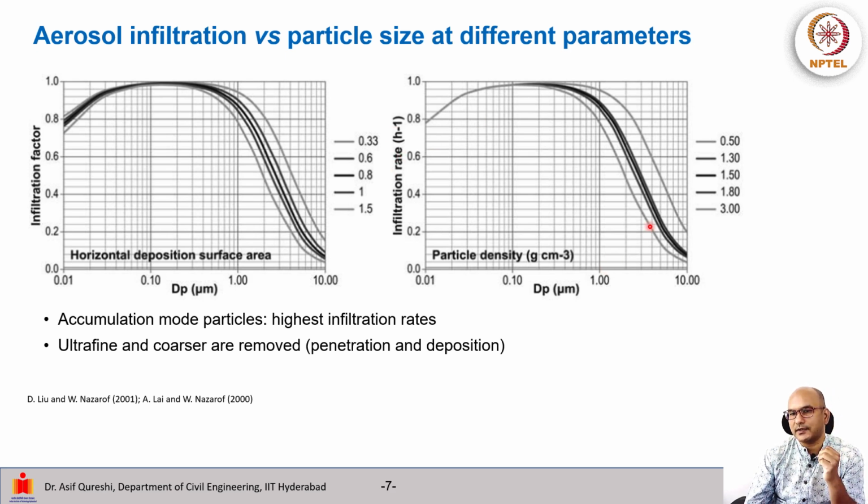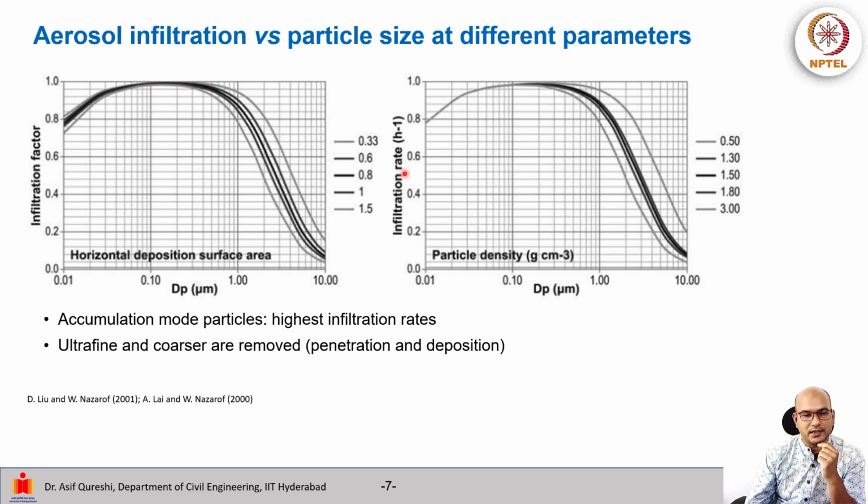Here again, regardless of the particle density, almost factor 1 infiltration occurs at a particle diameter of 0.05 to around 0.5, 0.6 micron. It is almost exactly the same as this one.